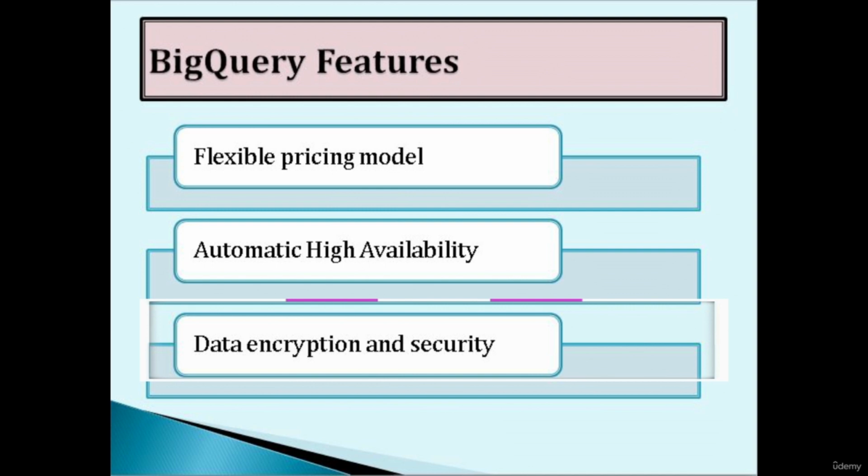Sixth is encryption and security. You have full control over who can access the data stored in BigQuery. BigQuery makes it easy to maintain strong security with fine-grained identity and access management. With cloud identity and access management, your data is always encrypted at rest and in transit.